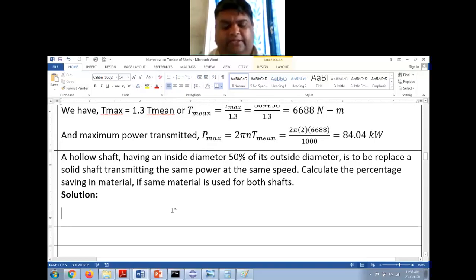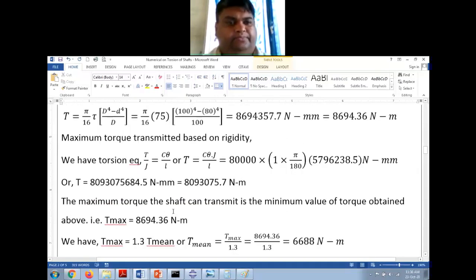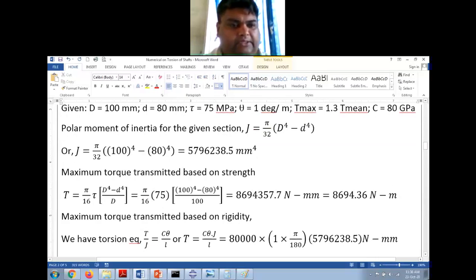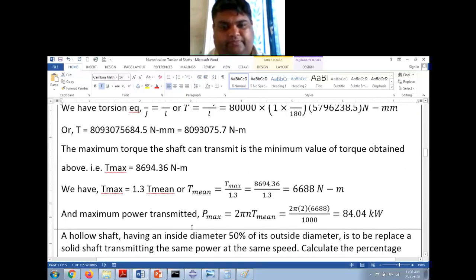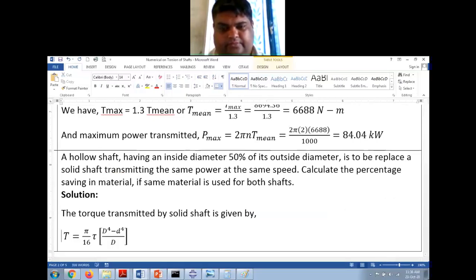Now let us find the torque transmitted by solid shaft. So the torque transmitted by shaft is given by, I'll just copy this equation and then make change in that. That is for hollow.